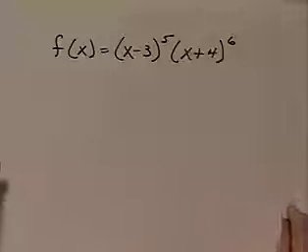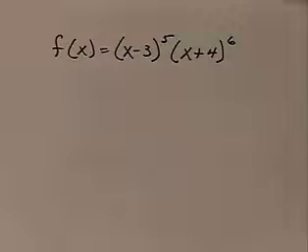Sometimes a factor in a polynomial will occur more than once. If a factor occurs n times, then the 0 we get from that factor is said to have multiplicity n. Here's an example that'll show us that. f of x equals x minus 3 to the 5th times x plus 4 to the 6th.